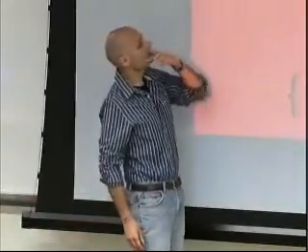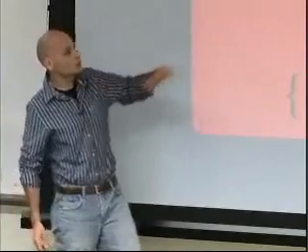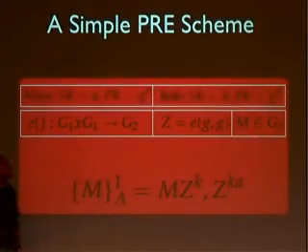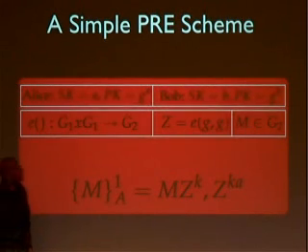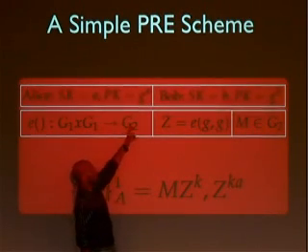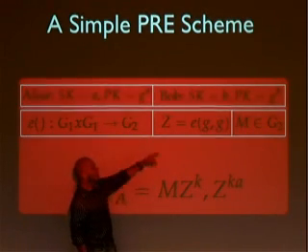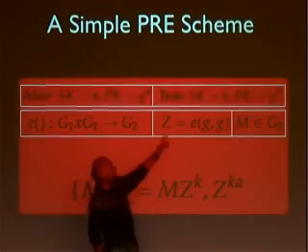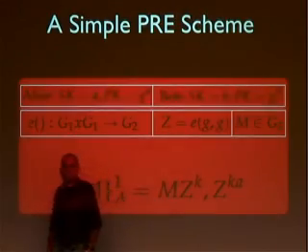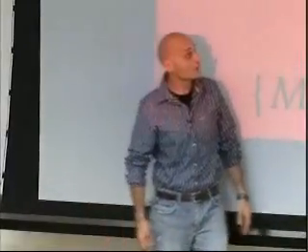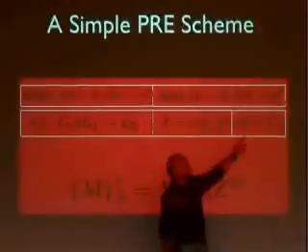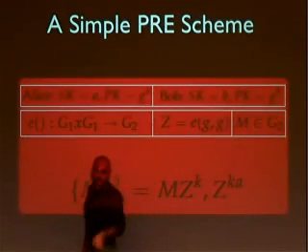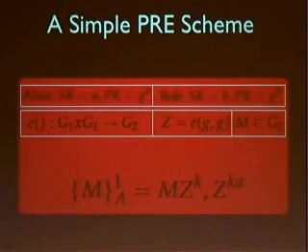We use a bilinear map e, a symmetric map from G1 to G2, and we publish, as in ElGamal, g to the a and g to the b as the public keys of Alice and Bob. And we publish Z, the value of the generator of G2, which is called the extension field. And we encrypt messages M in the extension field G2, sorry.